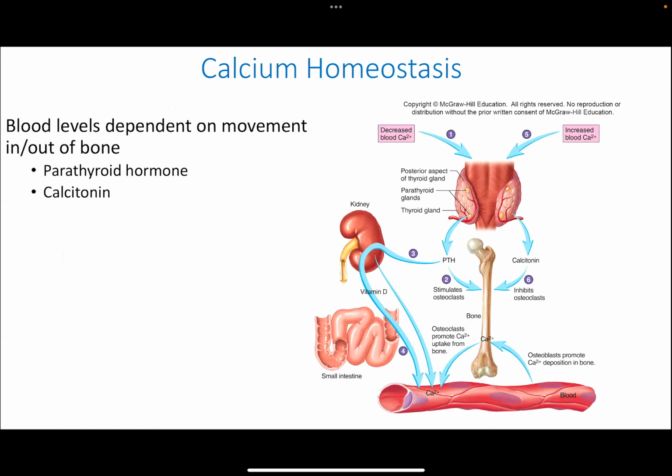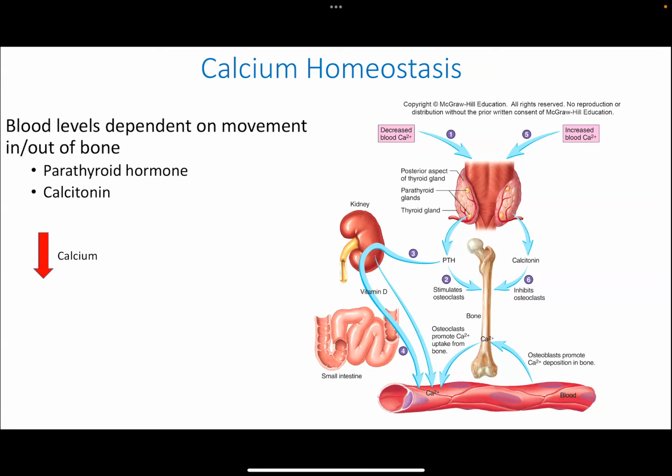Here's just a figure I want to walk you through as negative feedback in calcium homeostasis. The blood levels of calcium can depend on the movement of calcium in and out of the bone. And again, this involves the parathyroid hormone or calcitonin.